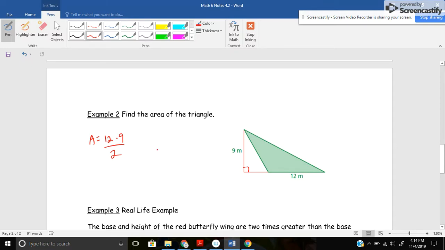If you take 12 times 9 and divide it by 2, you would get a total of 54 meters squared. So don't let this trick you. It's nothing extra. It's just telling you the height we need is the height that creates this 90-degree angle with the base from the top of the triangle.